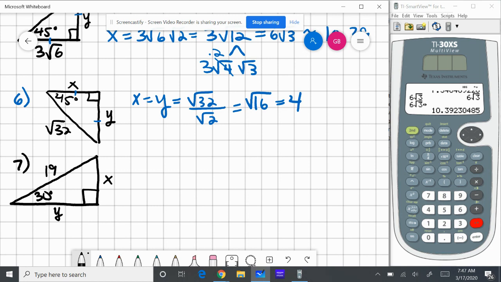Okay, we have a 30, 60, 90 triangle, and we're given the hypotenuse, which is 19. To find the short leg, x, you take your 19 divided by 2, and you get 9.5.